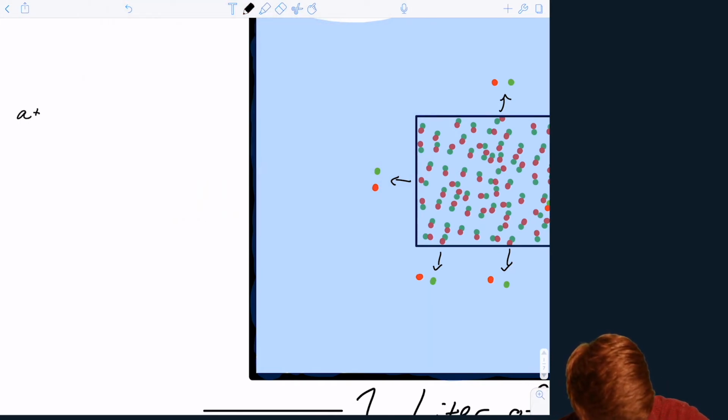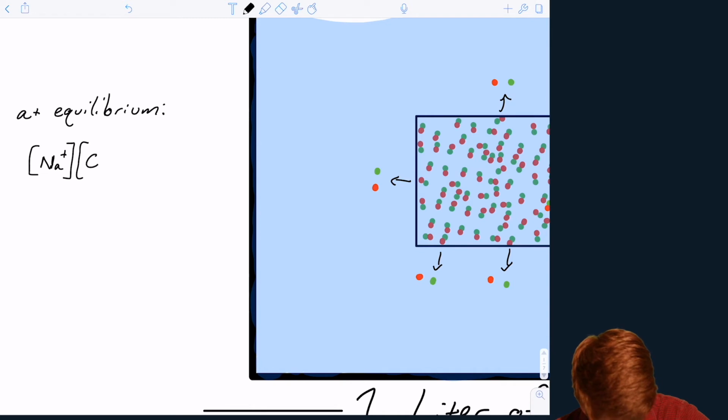At equilibrium, the concentration of Na+ and Cl- is going to be my solubility product constant.